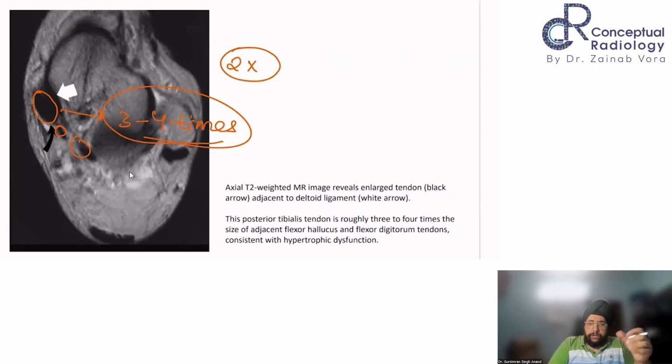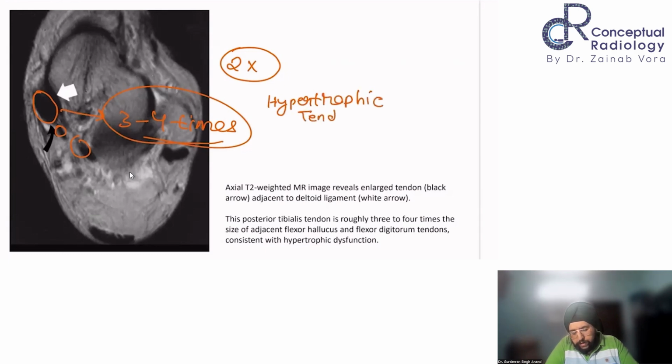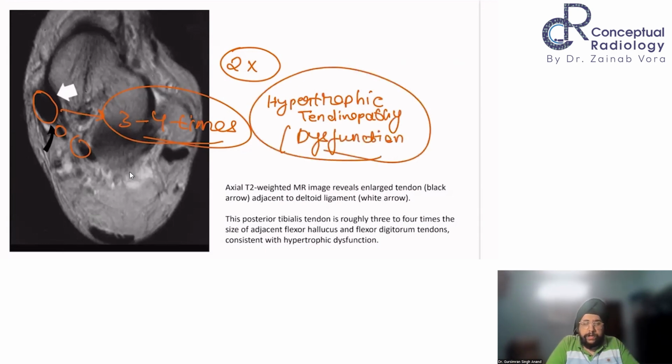And if you do not see any internal heterogeneous signal intensities, you can sometimes label it as hypertrophic PTT dysfunction also. So we can have hypertrophic tendinopathy or dysfunction, depending on the amount of heterogeneous signal intensities within the tendon.